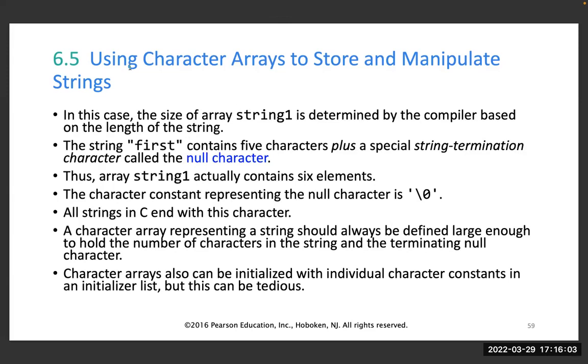The difference for a string is this one. The string first contains 5 characters plus a special string termination character called the null character, or usually we call it the string terminator. This means the array string1 actually contains 6 elements: 1, 2, 3, 4, 5, then another one, 6.